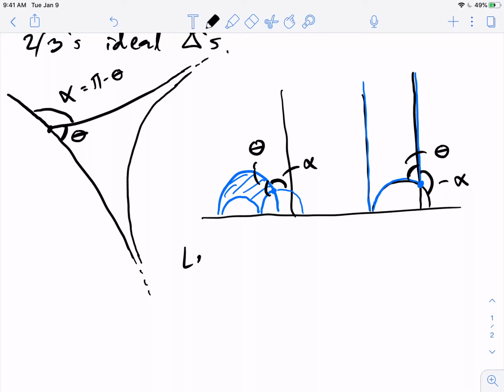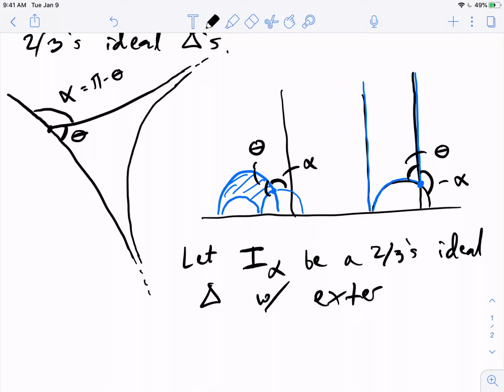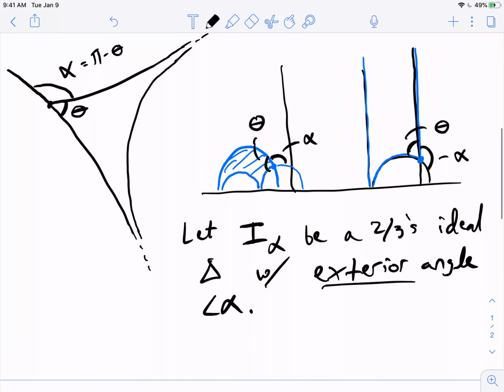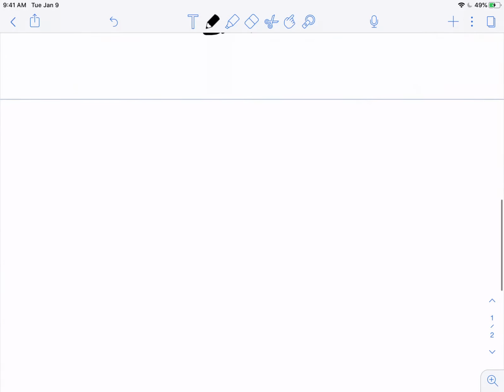So let's let I alpha be a two-thirds ideal triangle with exterior angle alpha. So that's the important thing to consider, not the interior angle.